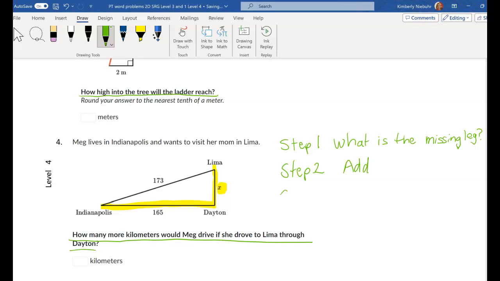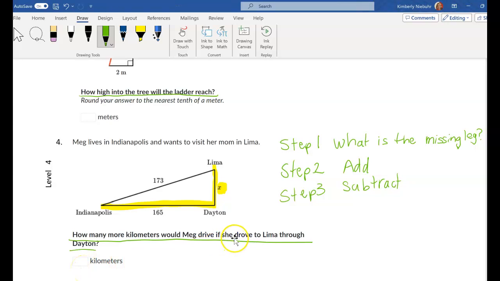And then step three, you're going to use that information to subtract. And I want to encourage you to use your notes from Friday so you can figure out what the final answer is going to be.